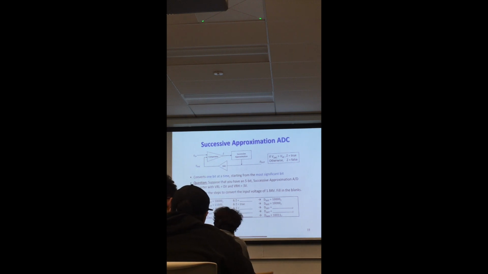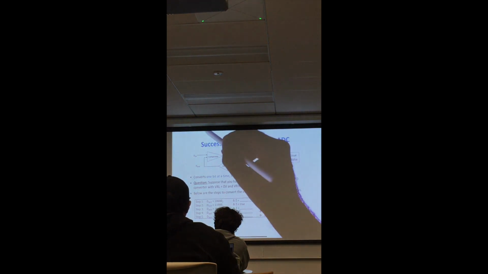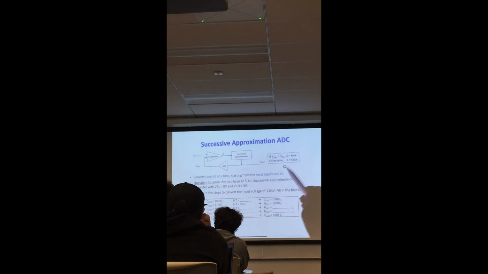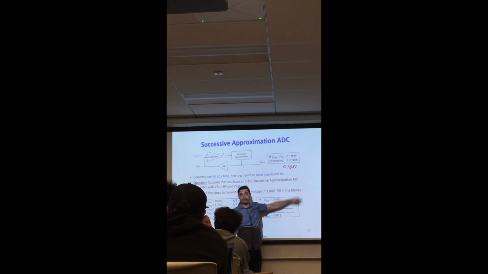Then it will move on to another bit. Now it will change the next bit to 1, produce a corresponding analog value, and compare it to the input. If it is still too big, it will say, no, even this is too big, so it will set it back to 0.